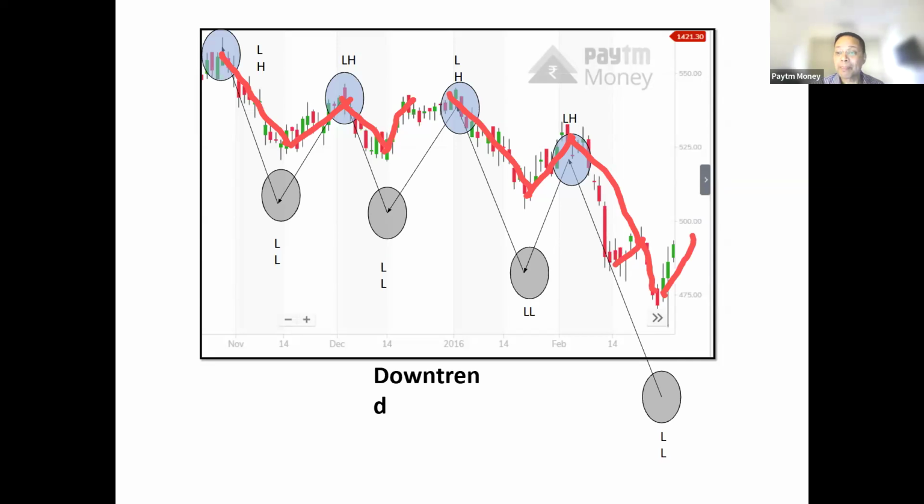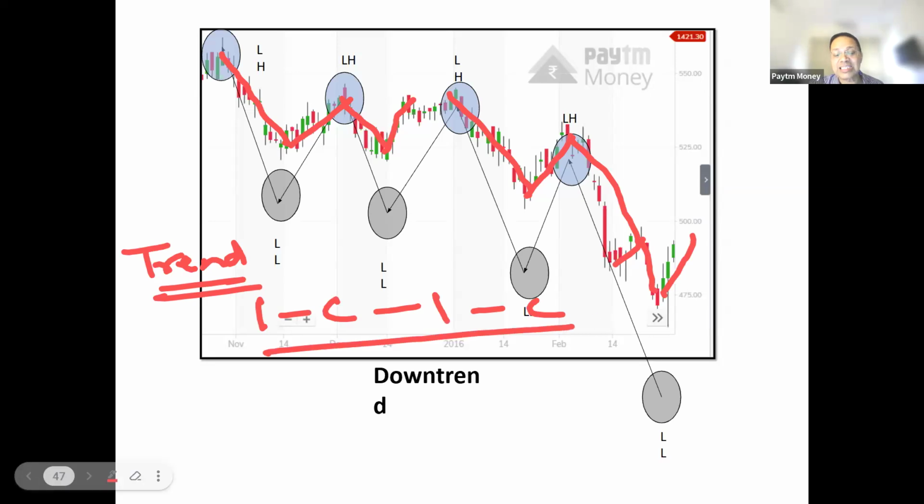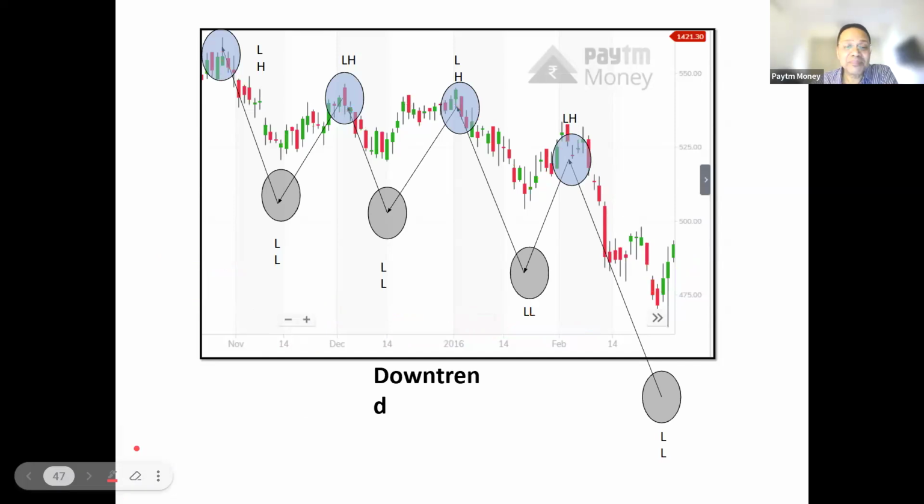Now the sequence is always this when there is a trend: impulse, correction, impulse, correction. This is what we call technically that the trend is intact. When we say the trend is intact, it means technically this sequence is being followed.